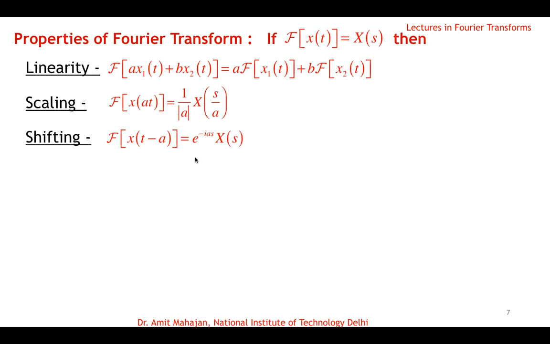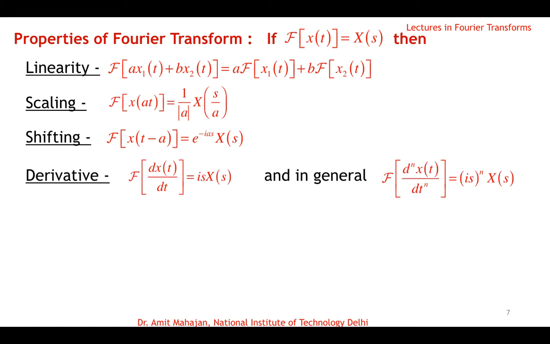The fourth property is the Fourier transform of derivatives of a function. So the Fourier transform of the first derivative of x with respect to t is iota s X(s), and in general, if the Fourier transform of the function is known, then the Fourier transform of the nth derivative of the function is (iota s) to the power n times X(s).